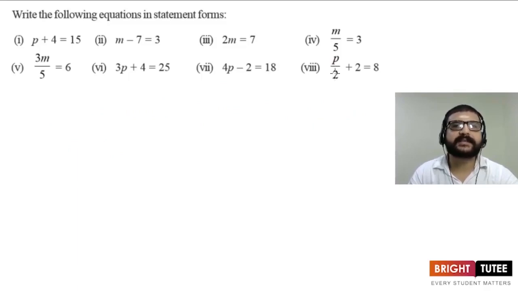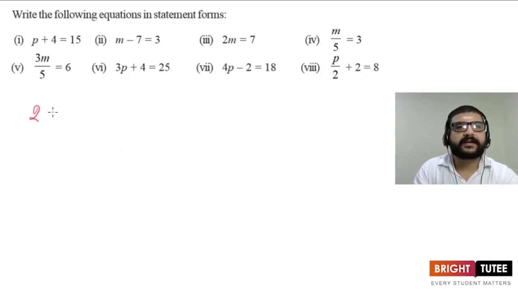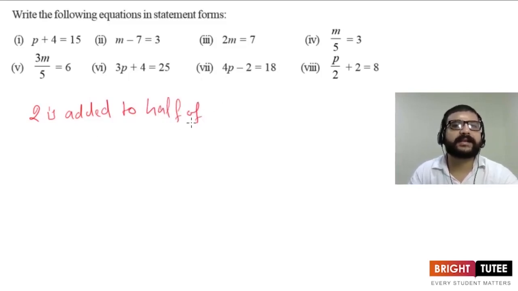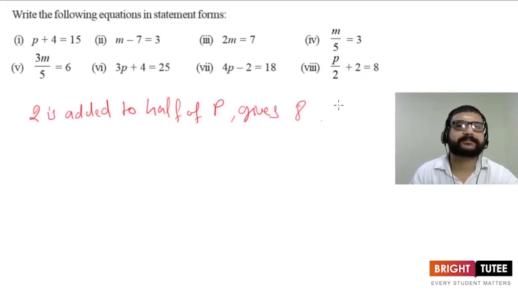Now the last equation is p divided by 2 plus 2 is equal to 8. So what we can do? We can write 2 is added to half of a number, or we can directly write 2 is added to half of p gives 8, as we have p upon 2 plus 2 equal to 8 here.